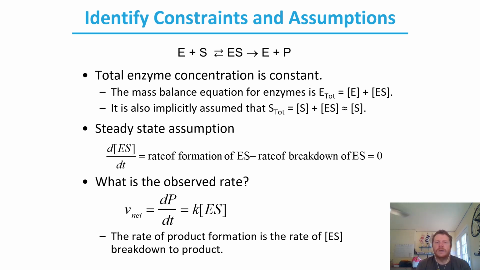Now, what is the observed rate, or our V net, or velocity of our reaction? That is equal to our product formation over time. So dP over dt is our product formation over time. So the rate of product formation is the rate of ES breakdown to our product.